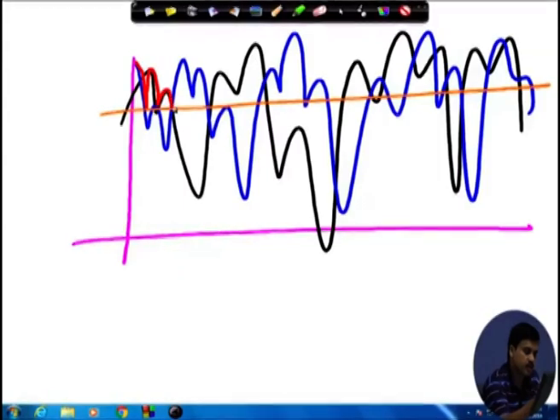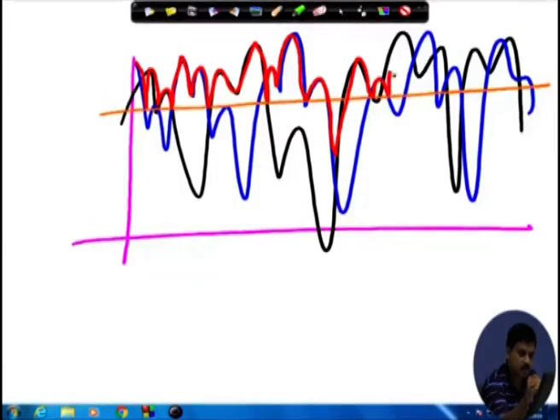Here it switches, even though the blue one is going better, it carries on with the black till it reaches this threshold. At that point, it switches. Here you can't help it, here it crosses over and then switches.